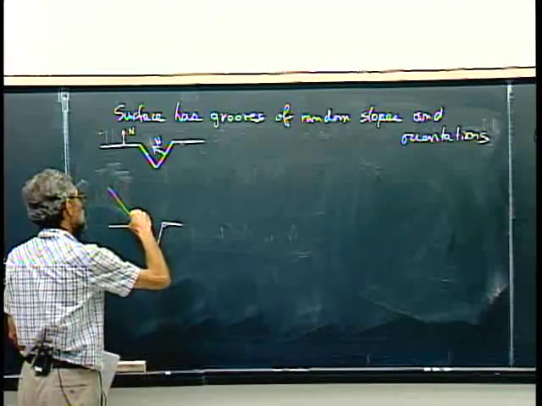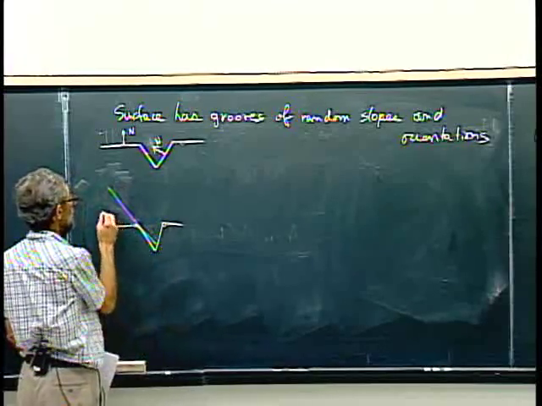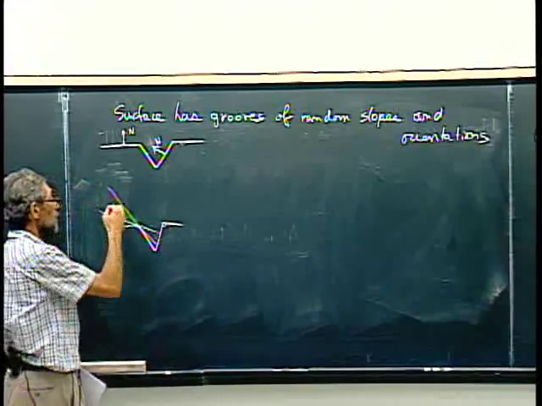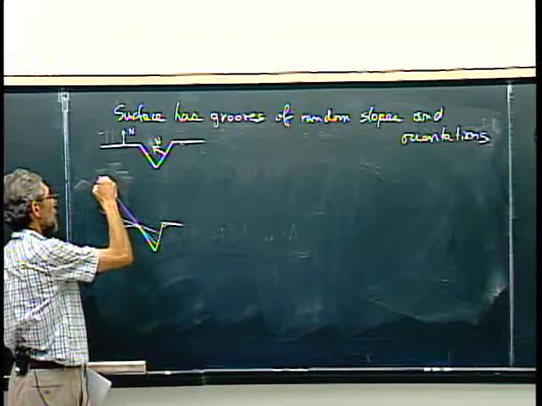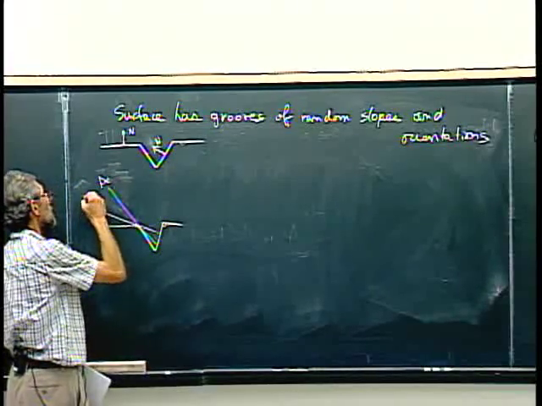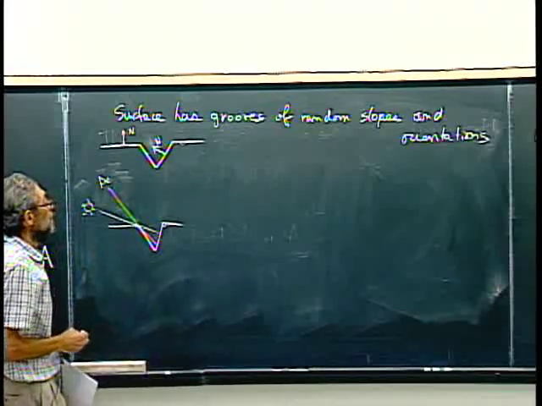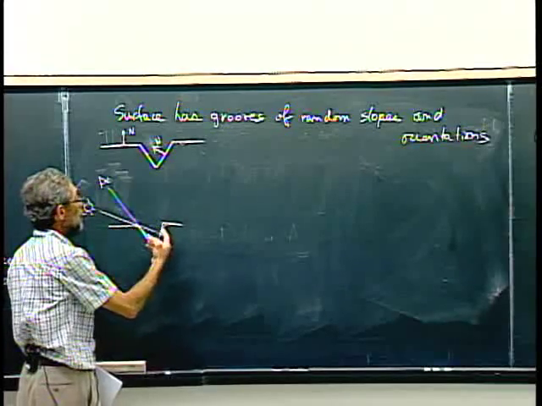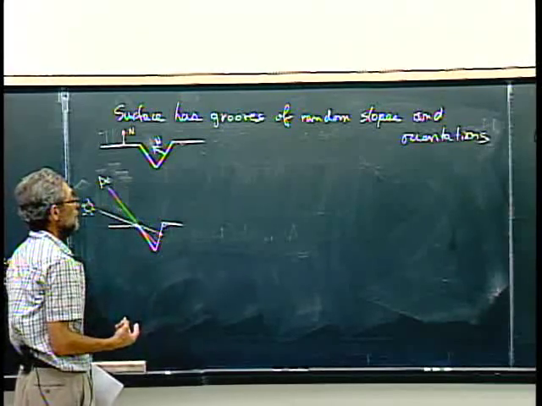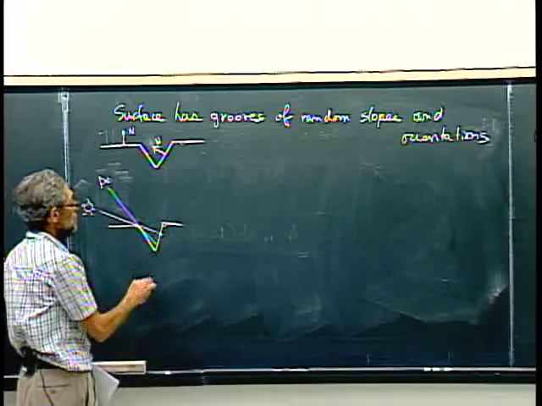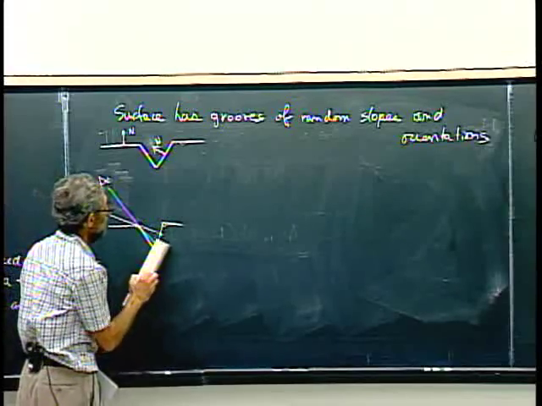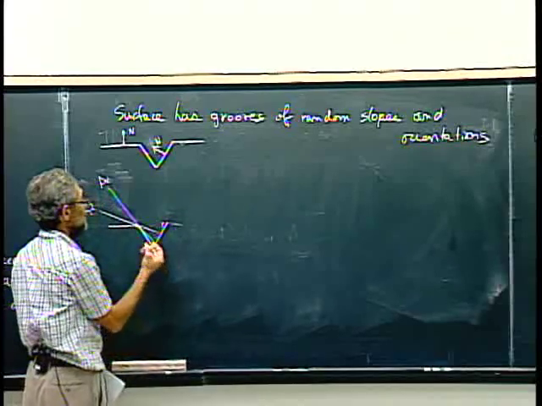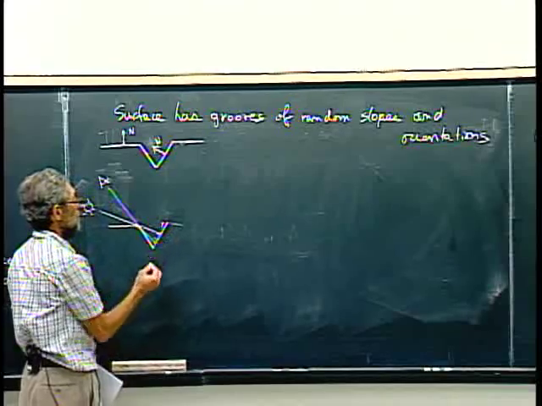I'm going to imagine your eye can only see part of it, and so can the light. But the amount your eye can see is more than the amount the light can see. So your eye is up here, and the light is over here. Then the fraction that is actually getting light and reflecting it towards your eye, actually I should have drawn the groove so its facet normal was halfway in between the light and the eye, so it's something like that, where these two angles are equal.